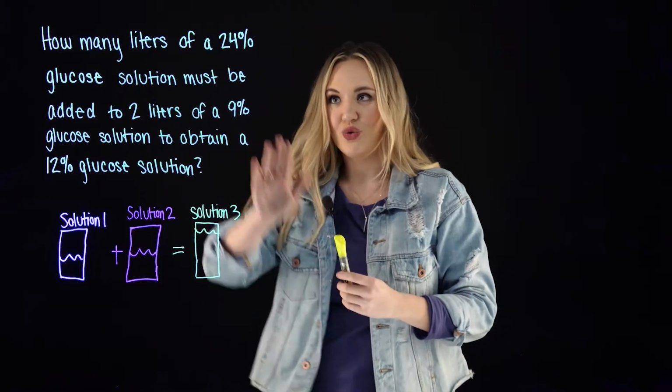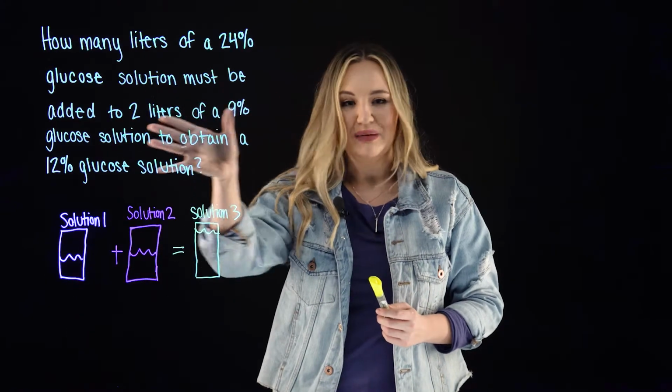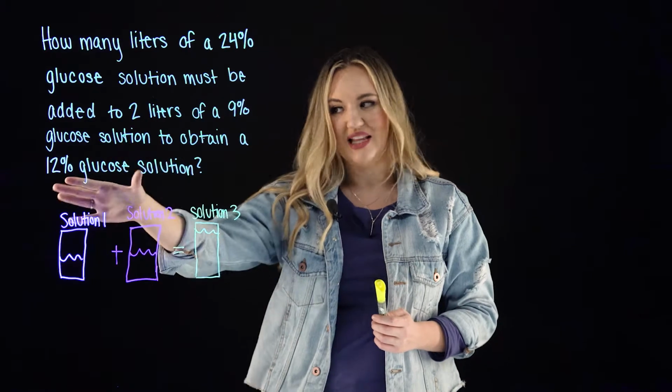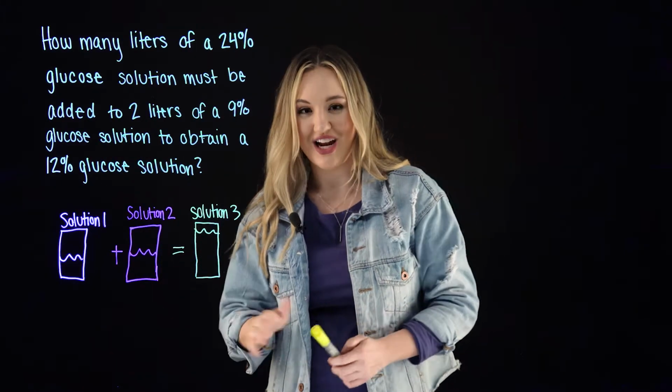So in our case, our 24% glucose solution is solution 1, our 9% glucose solution is solution 2, and you mix both of those to obtain the 12% glucose solution, which is the mixture or solution 3.